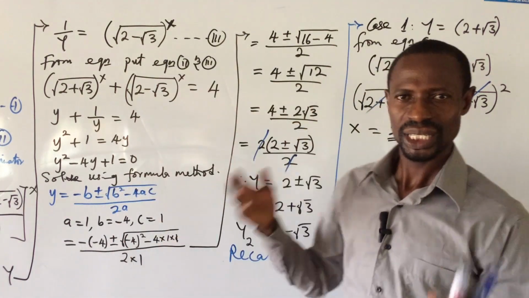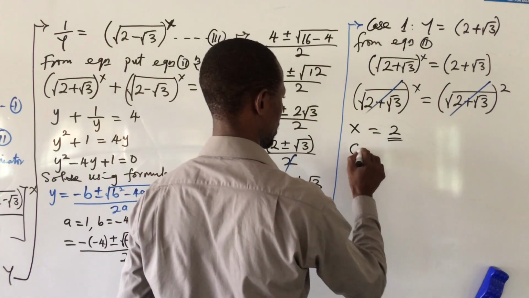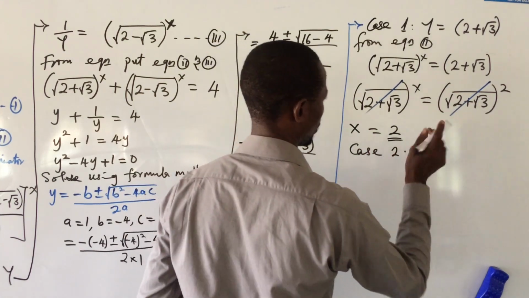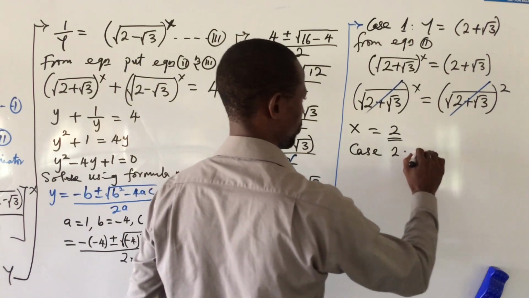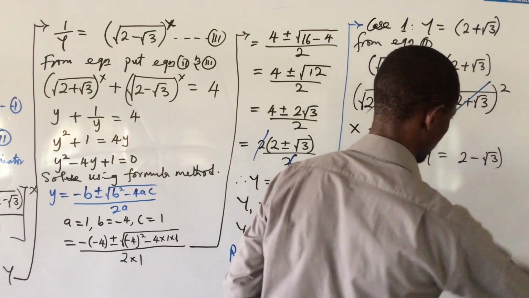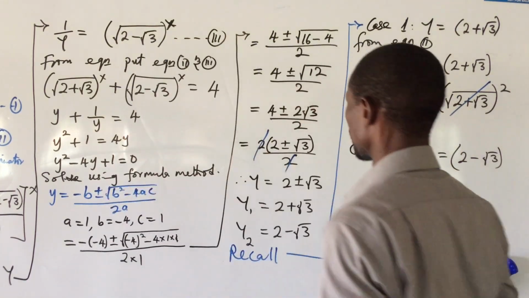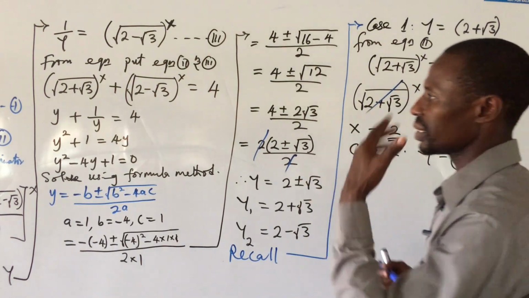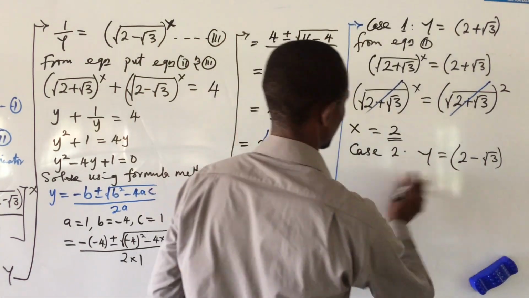So we now look for case number 2, which is the second case. Case number 2, we have our y to be 2 minus root 3. So from case number 2, we look at equation number 3. What is our equation 3?